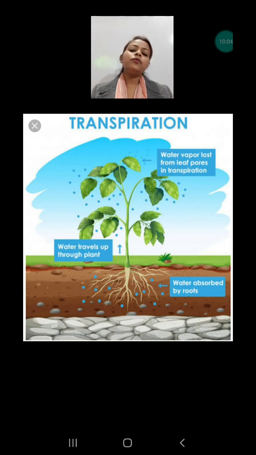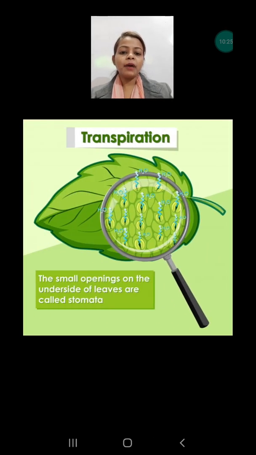So whatever extra water is present in the plant, they release out in the form of water vapor. This process of releasing water from the plant in the form of water vapor is known as transpiration, and this transpiration is done by the stomata only.